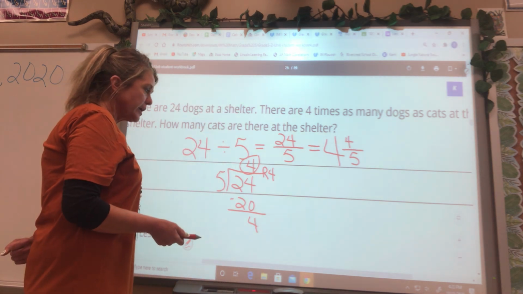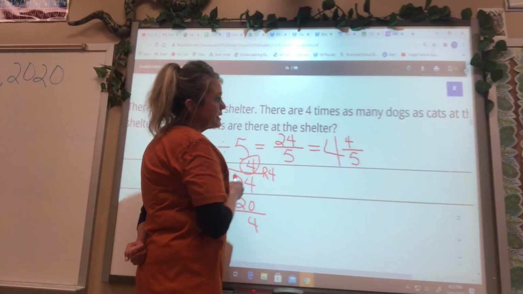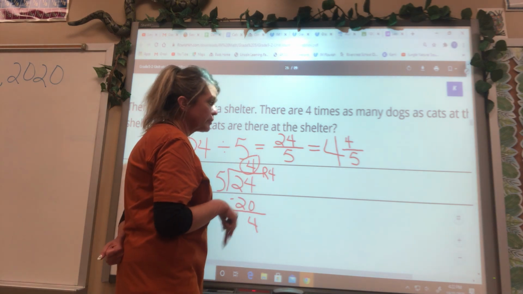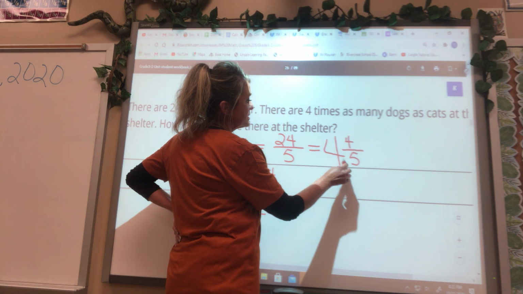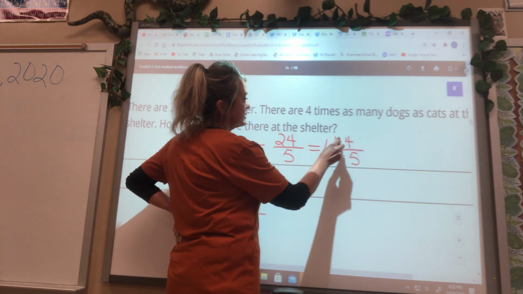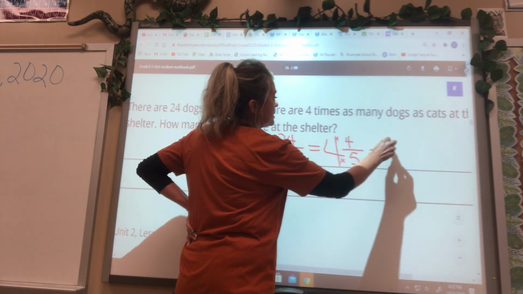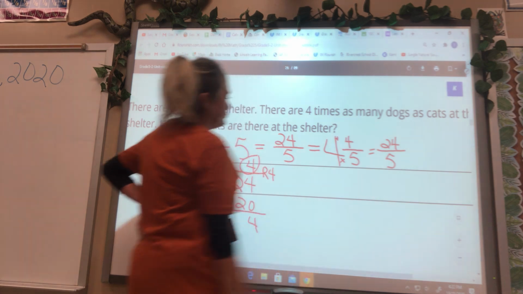The other takeaway that we need to know is that to convert a mixed number into an improper fraction, we multiply across. 5 times 4 is 20, plus the 4 would give us 24, and we're still dealing in fifths.